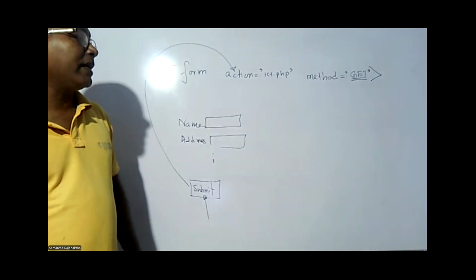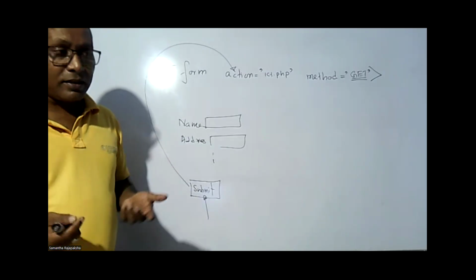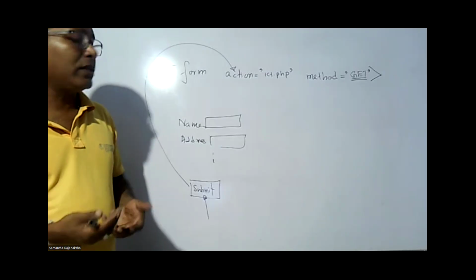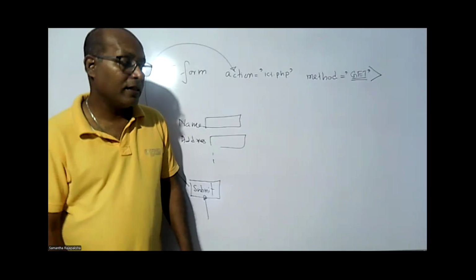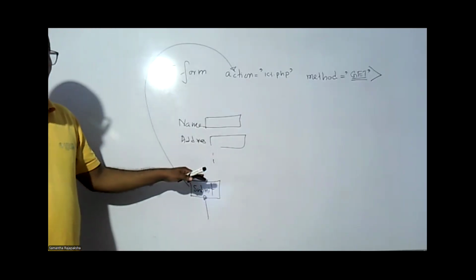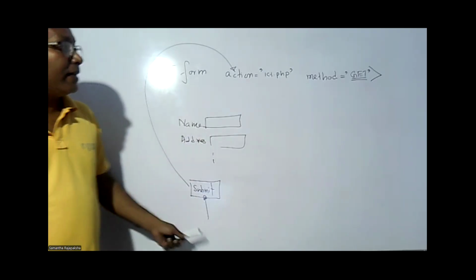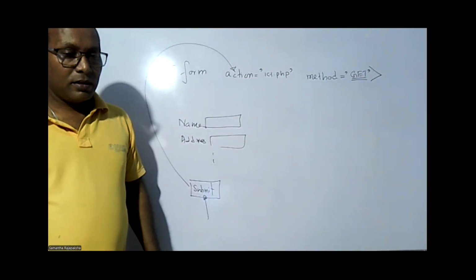Now the difference is that normally the get method is not good when you are sending data which has some sensitive information like username and password. Let's say you have a form to get the username and password. In that case, we should not use the get method. Why?